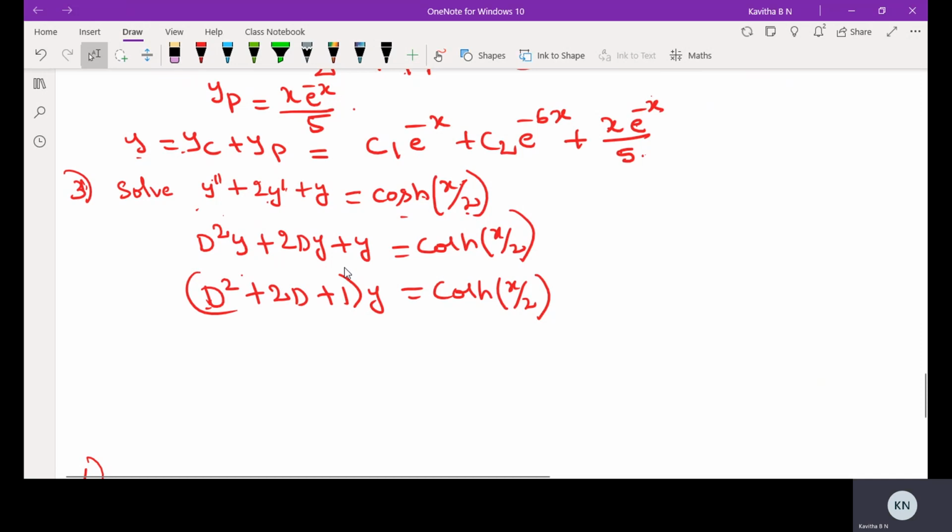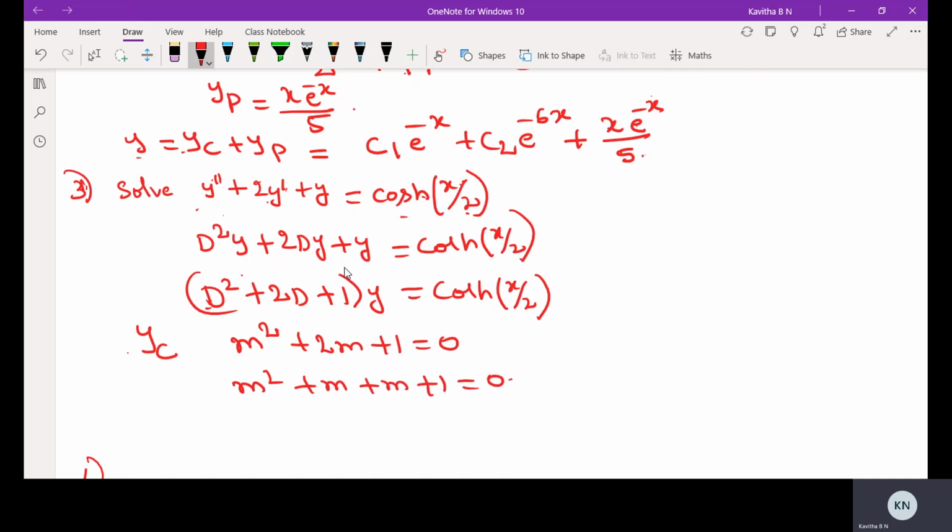Then first find the complementary function yc. Auxiliary equation: m square plus 2m plus 1 is equal to 0. M square plus m plus m plus 1 is equal to 0. Then take m common: m plus 1 into m plus 1 is equal to 0.